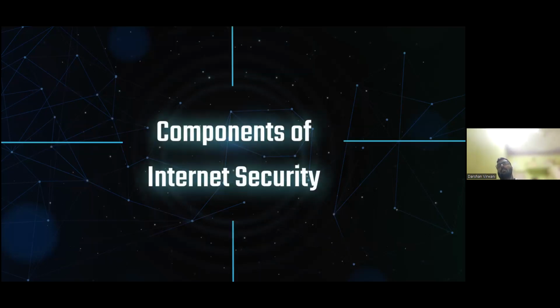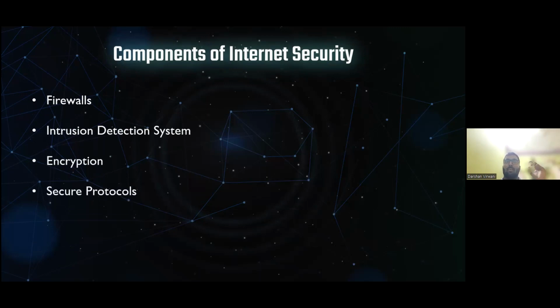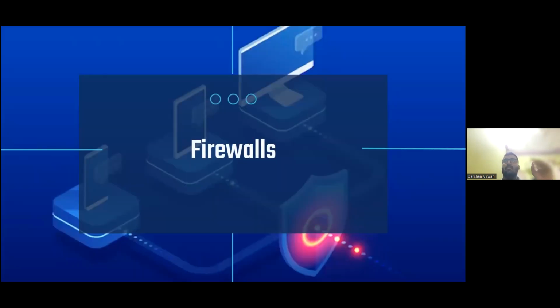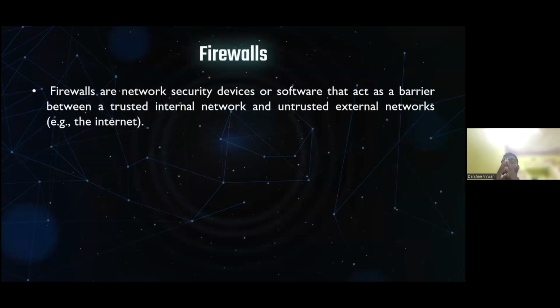So next, our components of internet security. First is firewalls, intrusion detection system, encryption, and secure protocols. Starting with firewalls. What are firewalls? Firewalls are like perimeter surveillance cameras. Surveillance cameras monitor everything in the physical way.